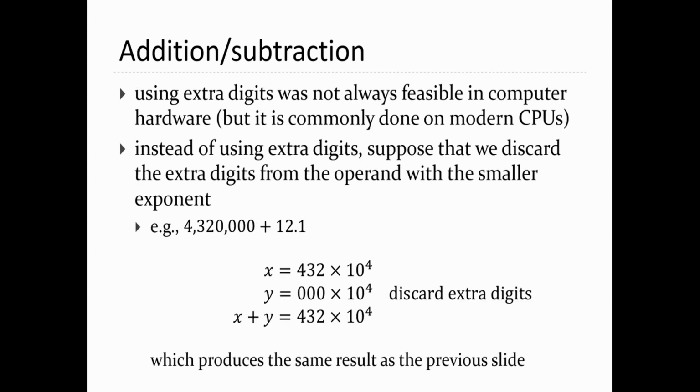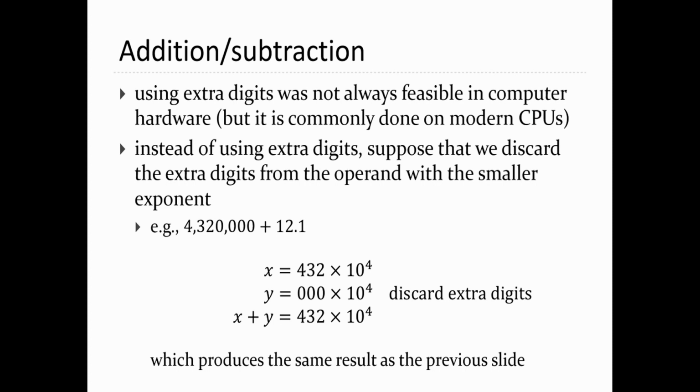Now, the problem is on your actual computer, especially back when computers were first invented, you didn't have those extra digits. So using extra digits is not always feasible in computer hardware. If you had 8 bits in your floating point number, that was it.